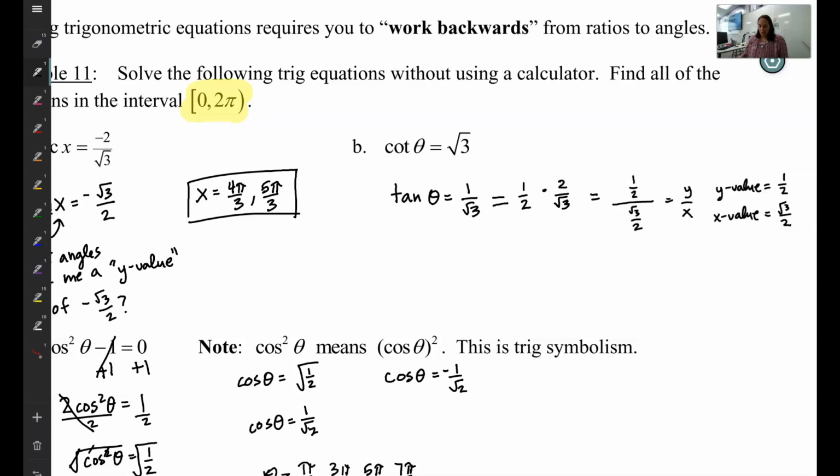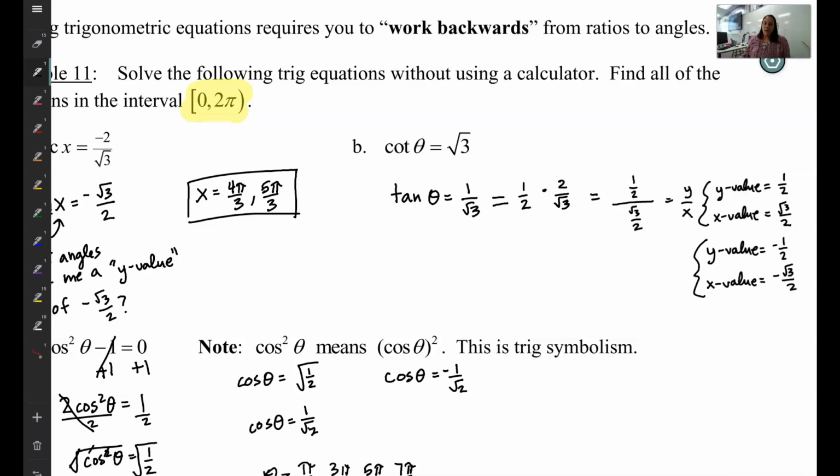But then you know you're looking for a y value of 1/2 and an x value of root 3 over 2. Then there's another option. I could also look where my y value is negative 1/2 and my x value is negative root 3 over 2.